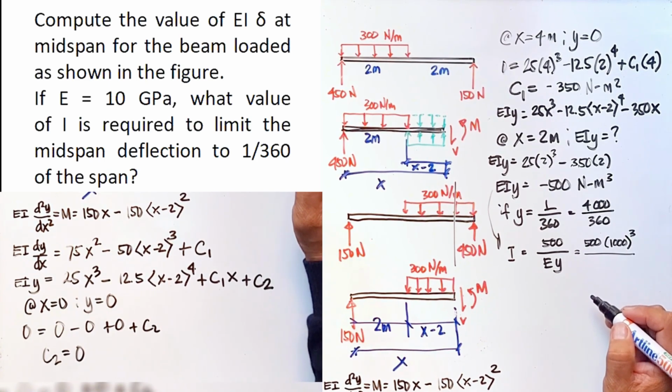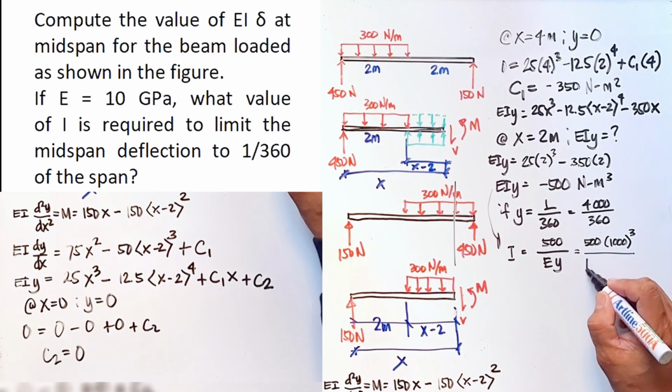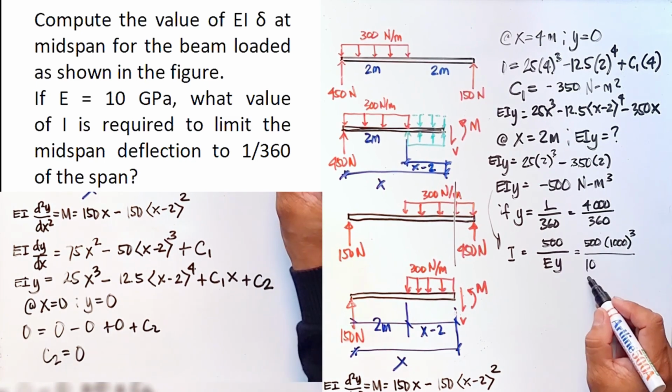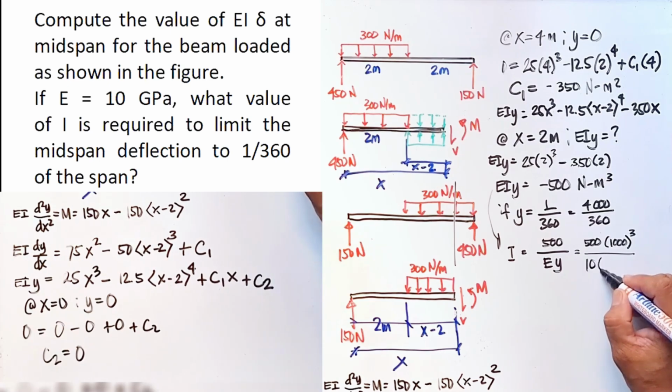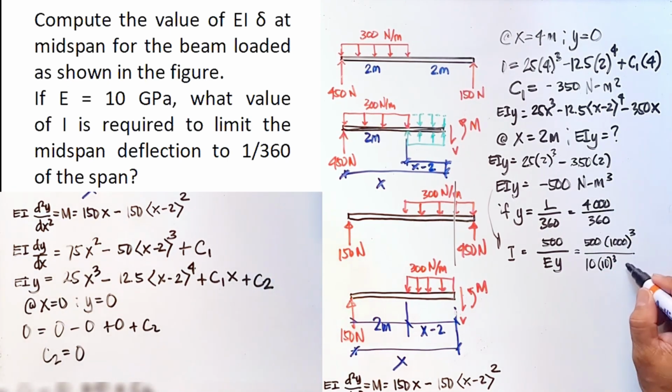Divided by E, or modulus of elasticity, which is given to be 10 gigapascal. 10 gigapascal, we will convert this to megapascal by multiplying this by 10 to the power of 3. And y is this one, 4,000 over 360.